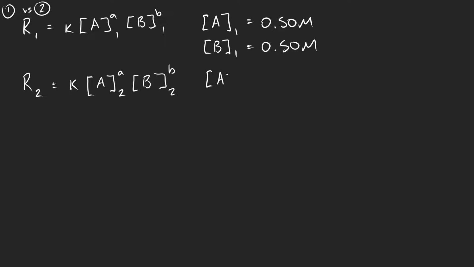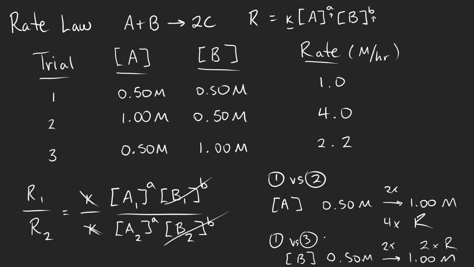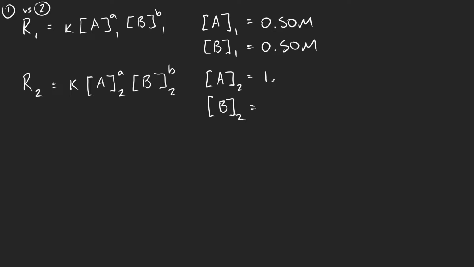If we took a look at the concentrations for A2 and B2, looking back, A was 1.0, B was 0.50 molar. Okay, so again, we can take a ratio in order to cancel out a lot of these terms.